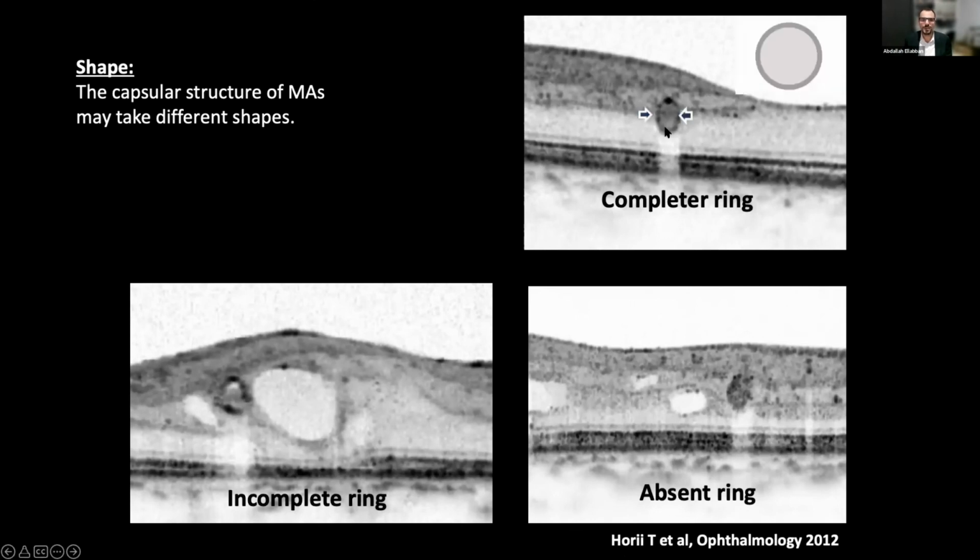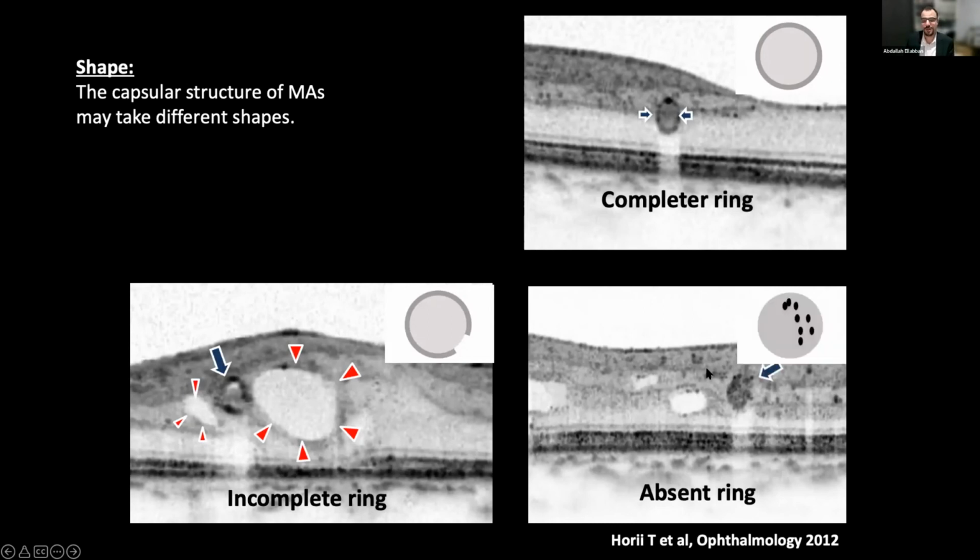Sometimes these microaneurysms appear as a complete ring, or intact capsular structure. Sometimes they look like an incomplete ring, and this is the main issue here. When they have an incomplete ring, they tend to leak to the adjacent retina. Interestingly, sometimes they have no ring at all, and this can be a sign of obliterated microaneurysms.